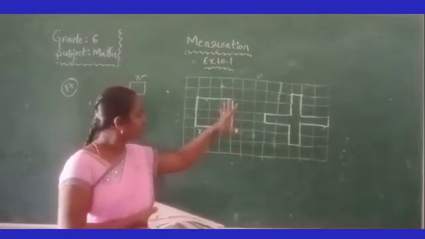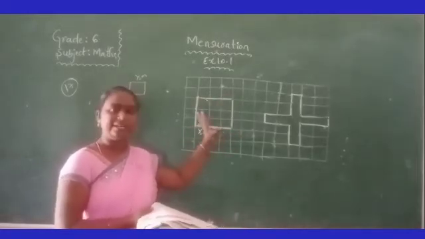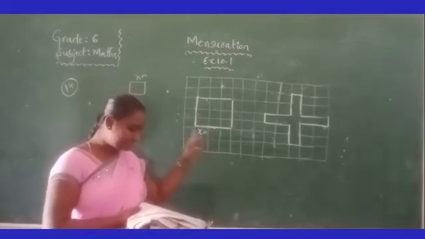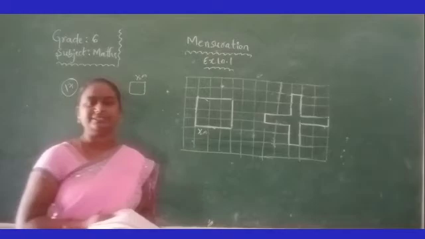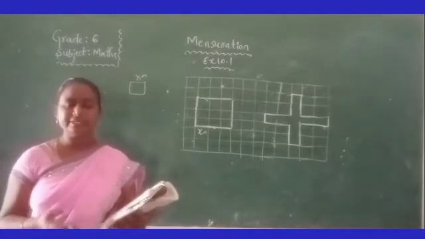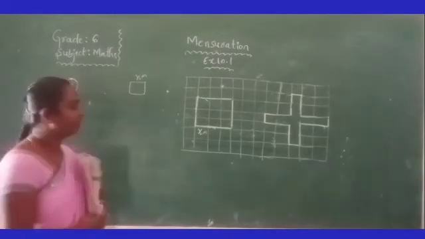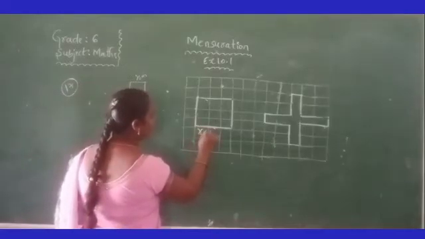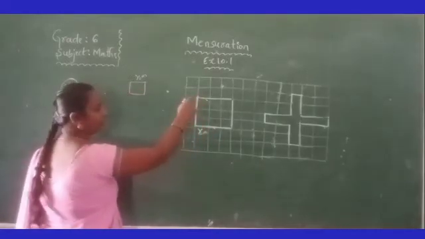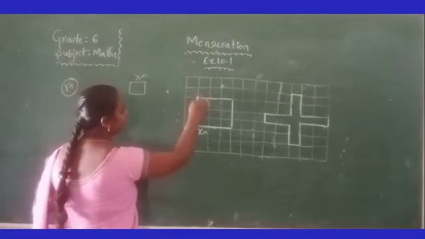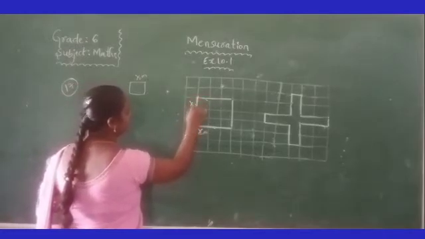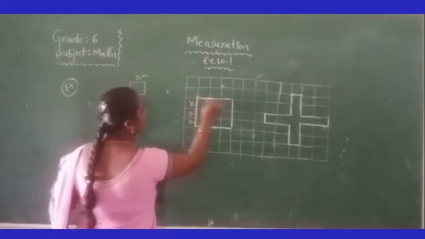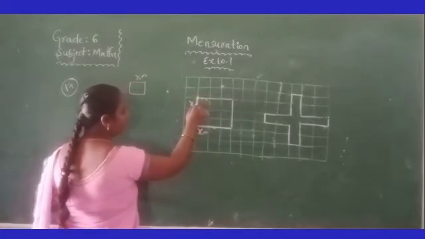So 9 square paving slabs, each with the side half meter. So we have to find here the perimeter of his arrangement. One side of the paving slab is half meter. Here, how many sides? This is one side, half meter.